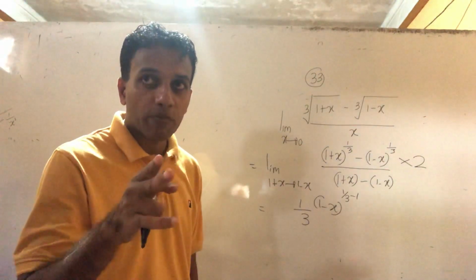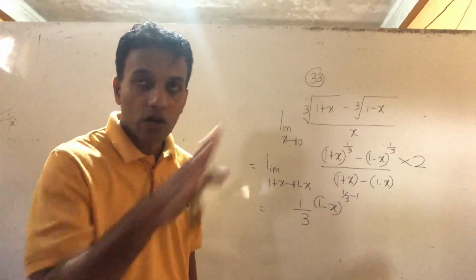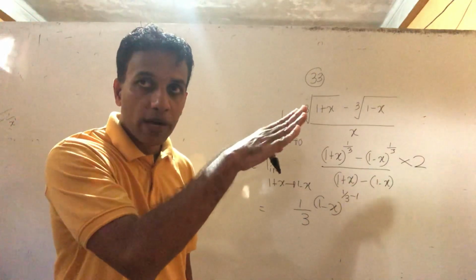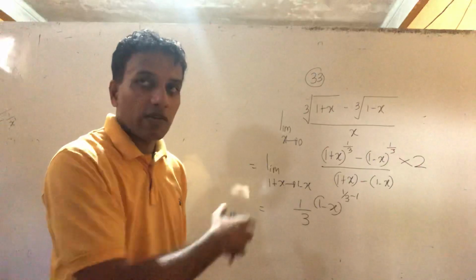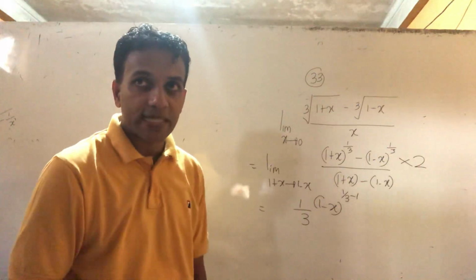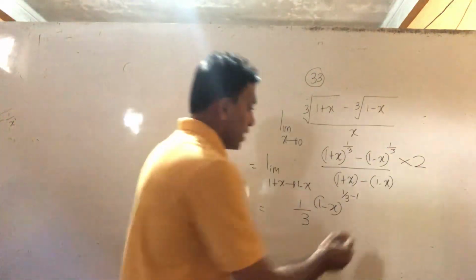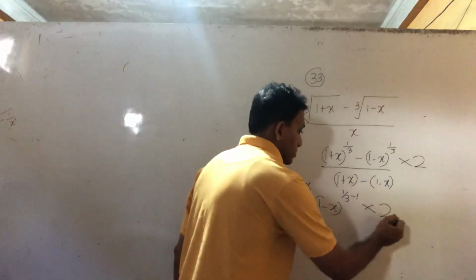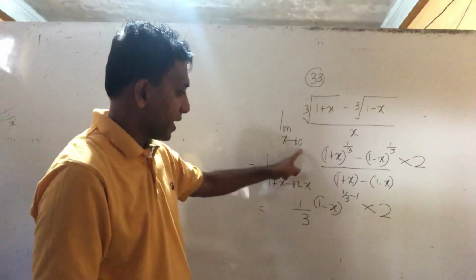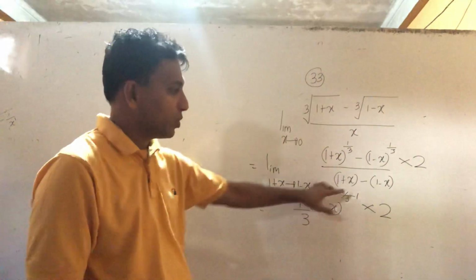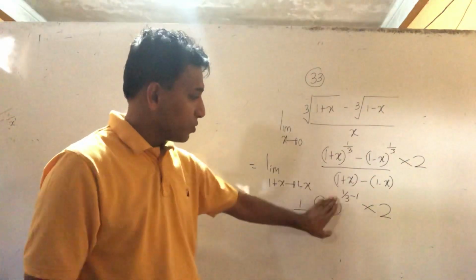Those who are newcomers, the best thing is to stop this video, follow and complete video number 1 and number 2. Then come back to this and you will feel very clear about this limit revision. And there's a 2 here, right? So now actually x tends to 0. Put x for 0.